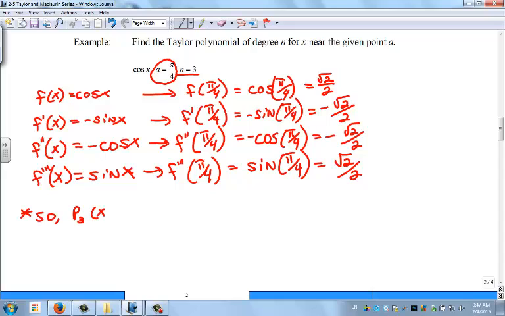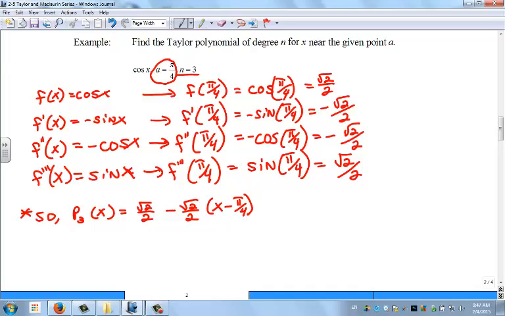So P3 of x is equal to, well, the first thing we need is f of x. So f of x is radical 2 over 2. Next thing we need is f prime of x times x minus pi over 4. So f prime of x is negative radical 2 over 2 times x minus pi over 4 to the first power over 1 factorial. Now we really don't have to do over 1 factorial because it's 1, right?